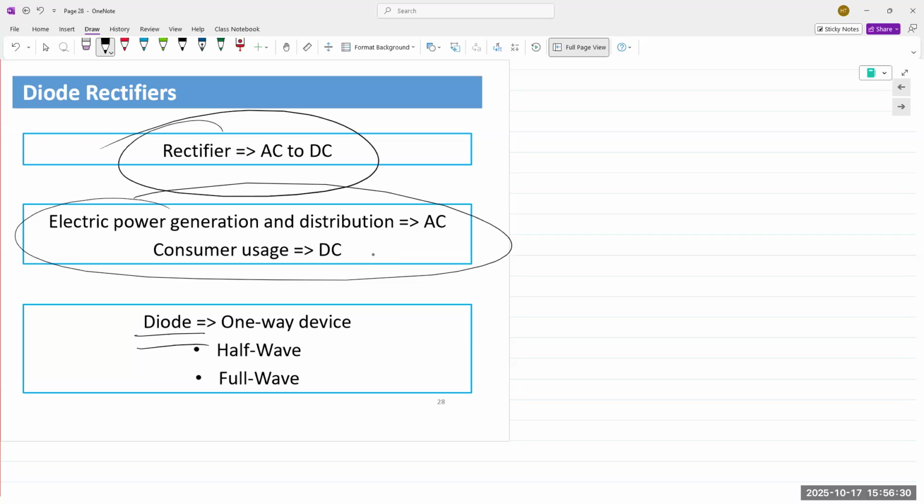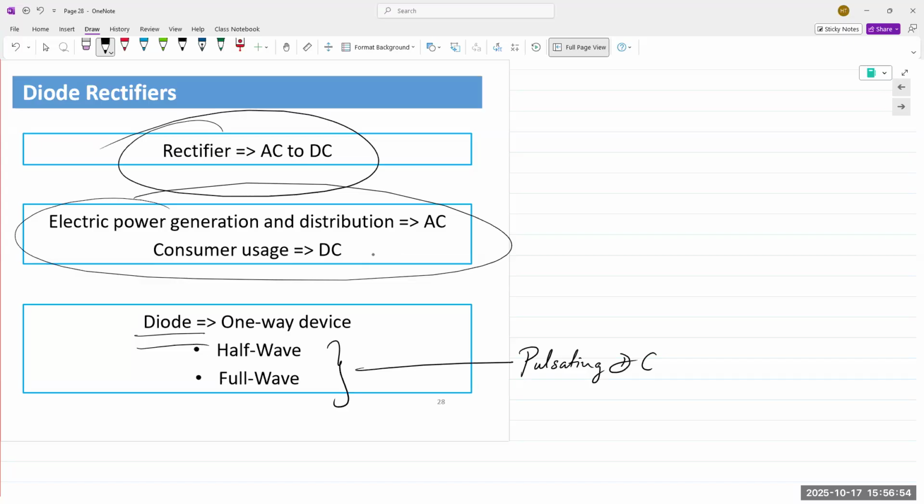The first step after the diode conversion is not a true DC, meaning it's not a flat line. It's known as a pulsating DC. The output of a diode rectifier is known as a pulsating DC because it still has a variation.